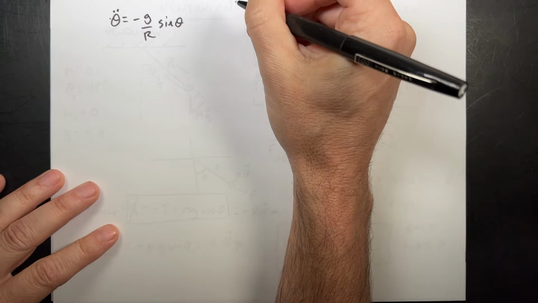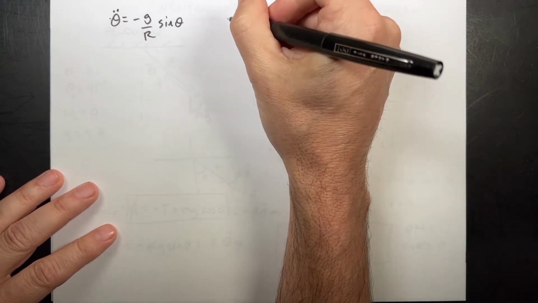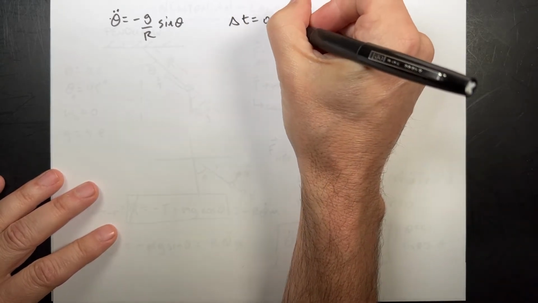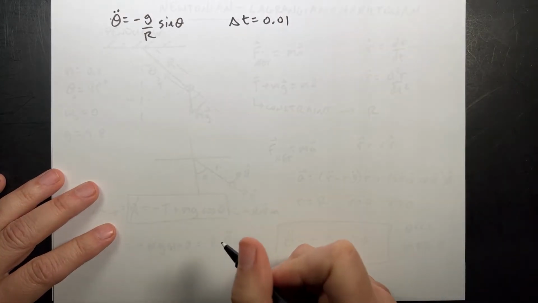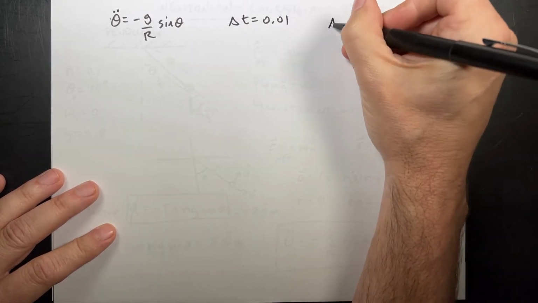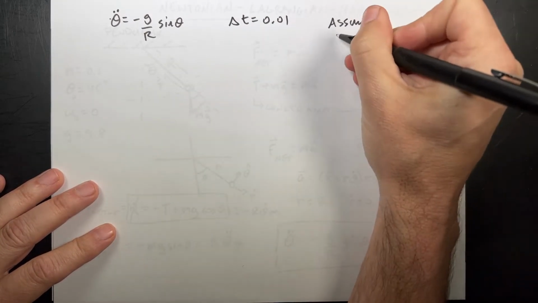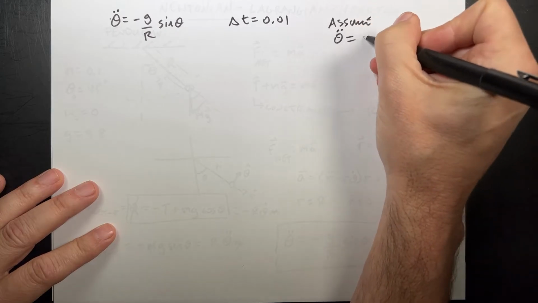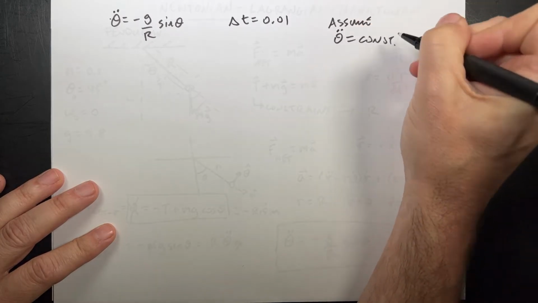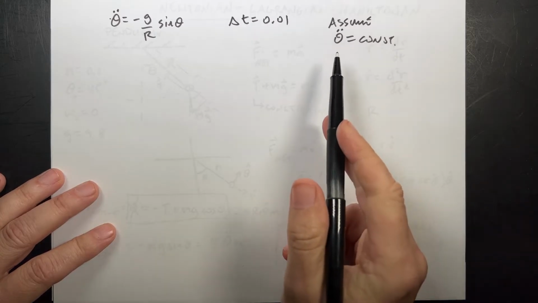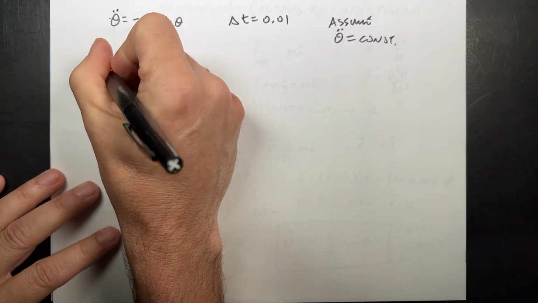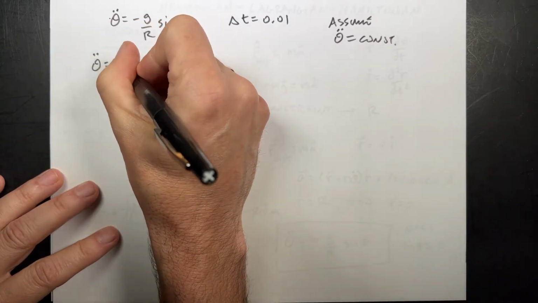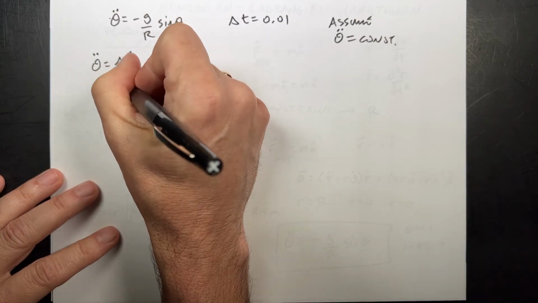And if I break this motion into tiny steps, delta t of, let's say, 0.01 seconds, then I can assume theta double dot is constant over that time interval. And if theta double dot is constant, I can write theta double dot is the change in theta dot with respect to time.